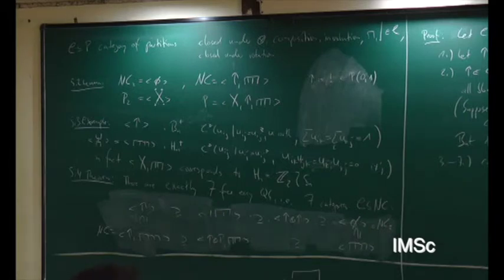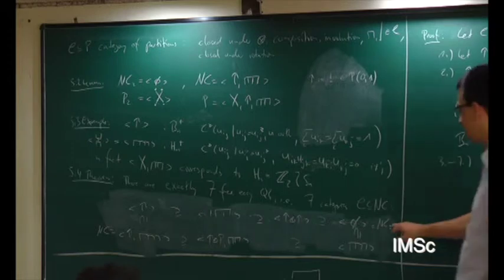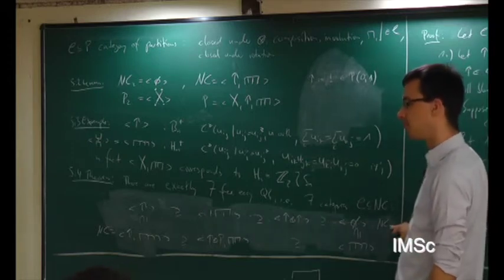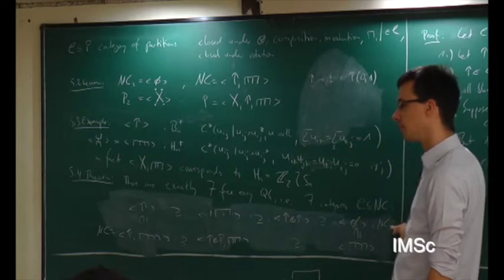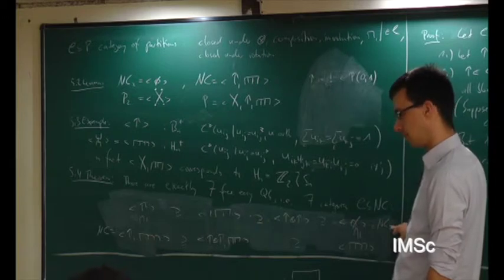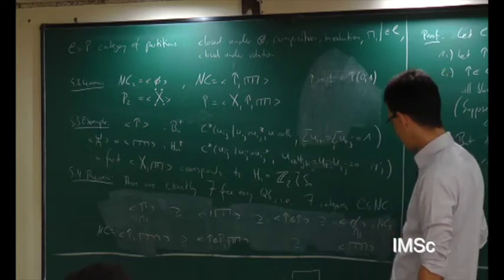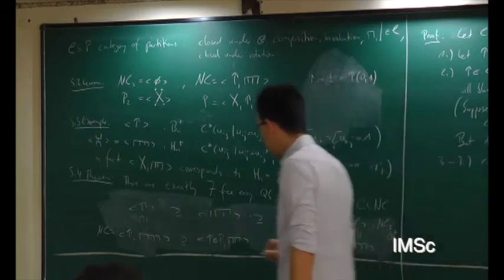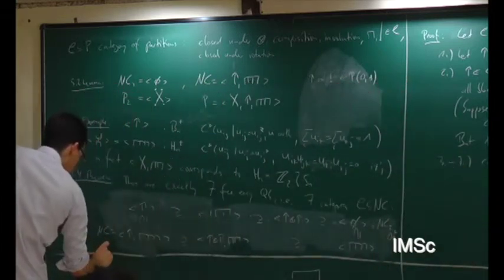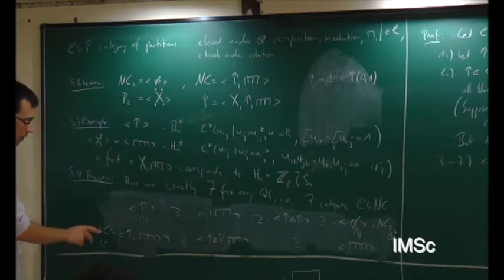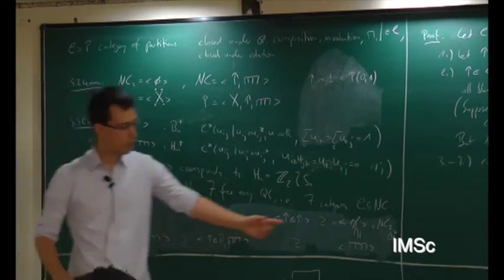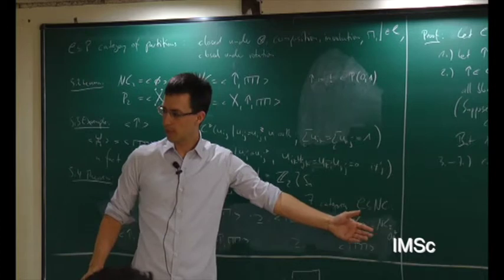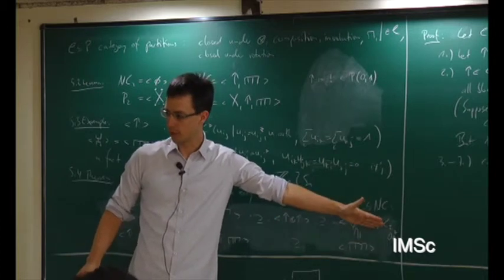Because NC2 is the smallest. At the C-star algebra level, you will get quotients of NC2, right? So it's enough to show that the C-star algebra corresponding to NC2 is not commutative. No, NC2 is ON plus, it's the largest one, and this one is SN plus. So these groups are all contained in ON plus, but on the C-star algebraic level it means that they are quotients of the functions over ON plus.